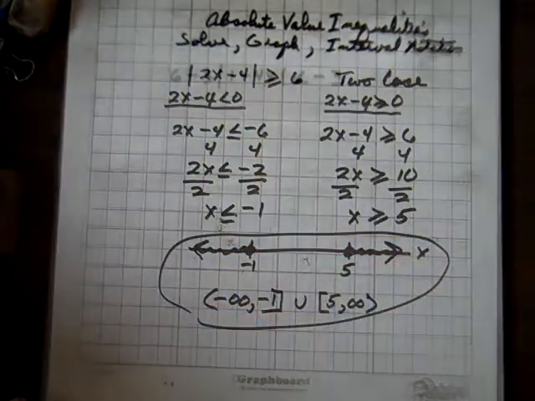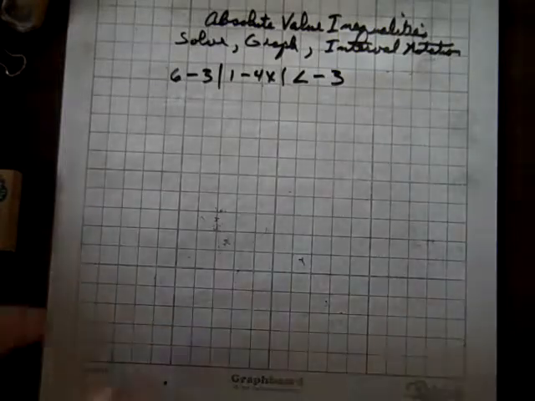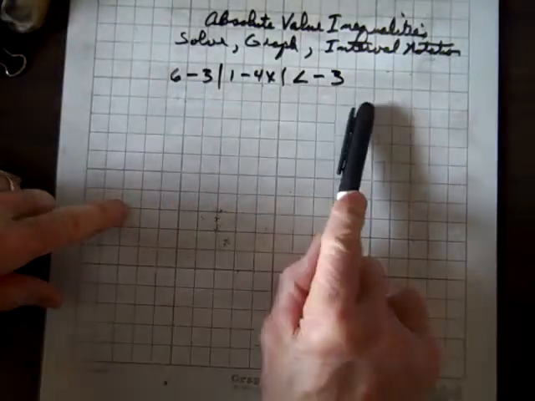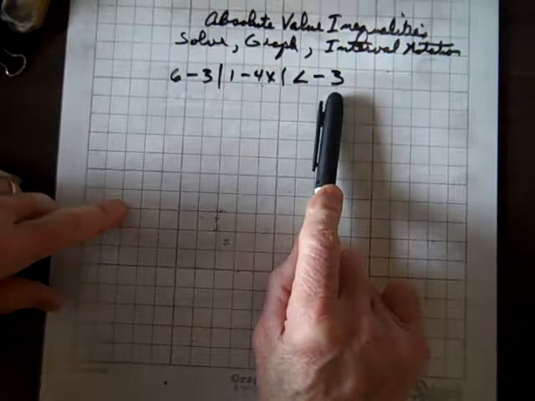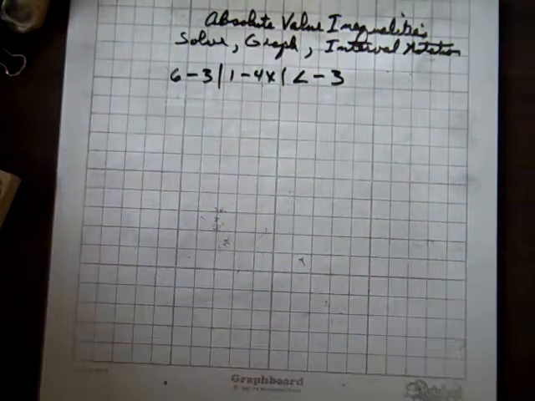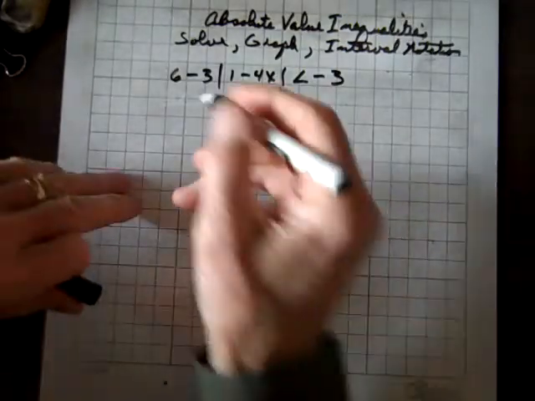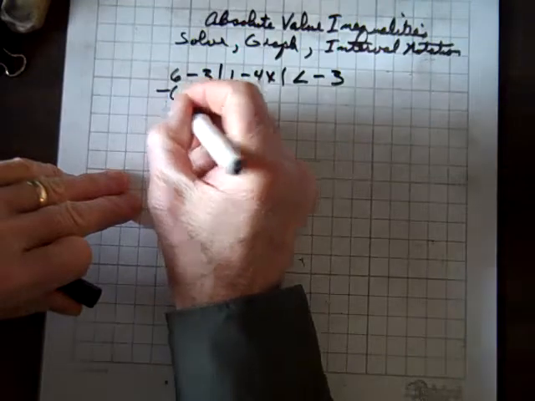Here we are, one more absolute value inequality to take on. So, look, our first goal now is to get the absolute value all by itself, and then we can go from there. So to do that, I guess we better subtract 6 from both sides.